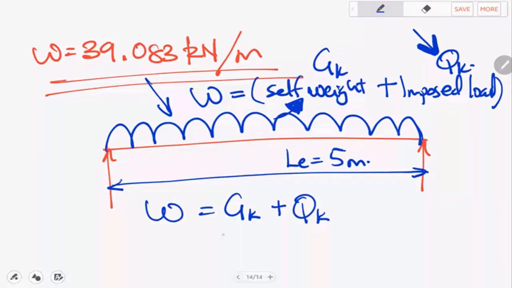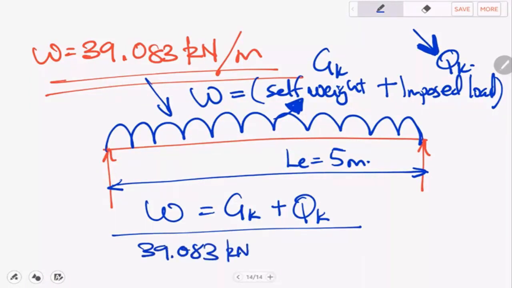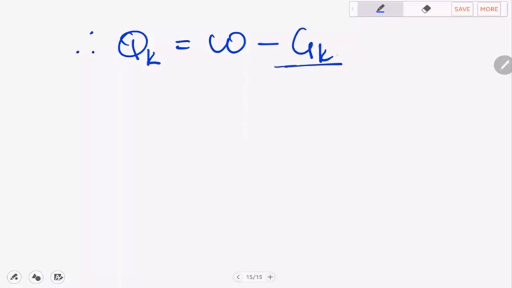So therefore, we know that 39.083 kilonewtons per meter is equal to G_k plus Q_k. Therefore, the maximum imposed load Q_k will be equal to omega minus G_k. But how can we determine G_k? G_k can be obtained as follows.